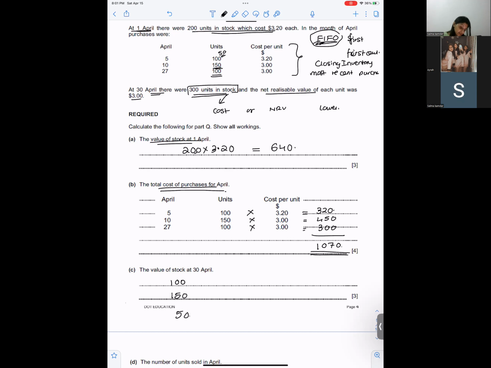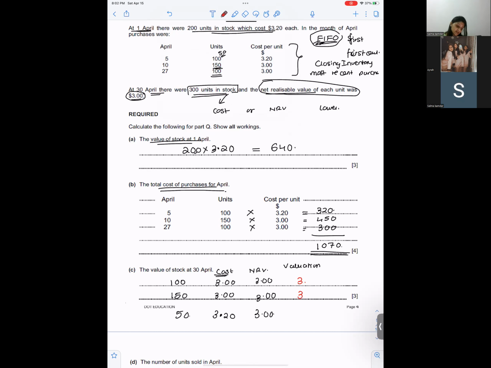Okay. Now the cost. It is 3, and it is 3.20. Are you with me? NRV. What is the net realizable value? 3, 3, and 3. Now you will value at what price? Cost or NRV, whichever is lower.